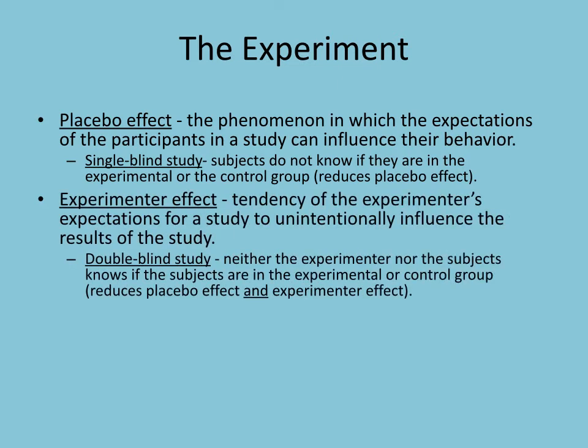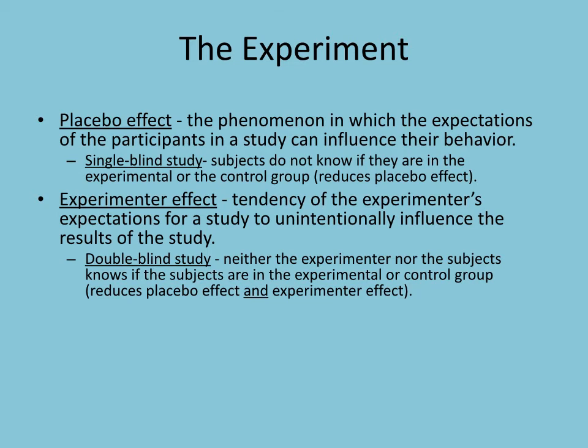Now, the experimenter effect is the tendency of experimenters' expectations for a study to unintentionally influence the results. Think about it. For this weight loss drug test, if I was the creator of the drug and I'm giving out this drug test, am I going to be nicer to the control group or the experimental group?